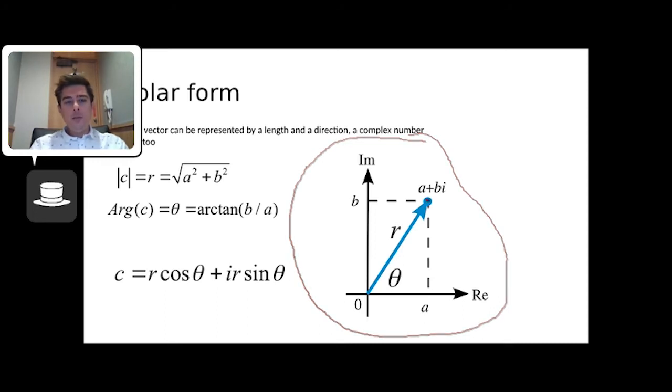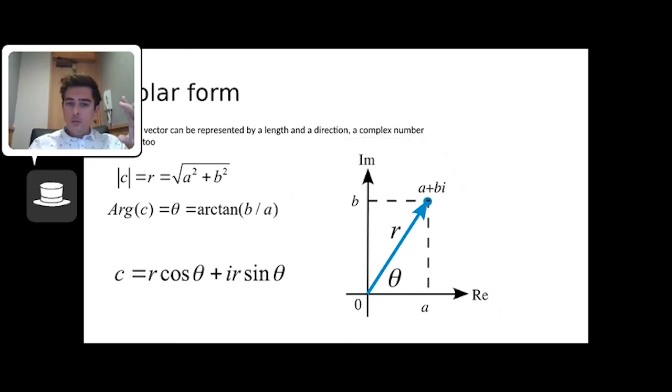Now, we know that a vector, which is something with a magnitude and a direction, you can always represent not only in terms of its coordinates, which this kind of looks like, but also in terms of the length of the vector, the magnitude, and which direction it's pointing.